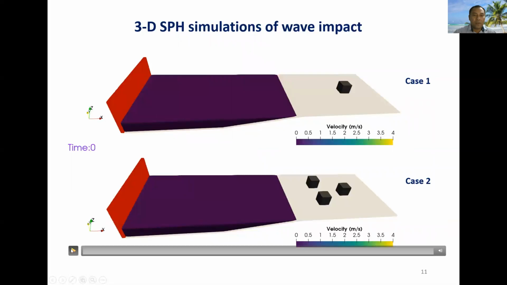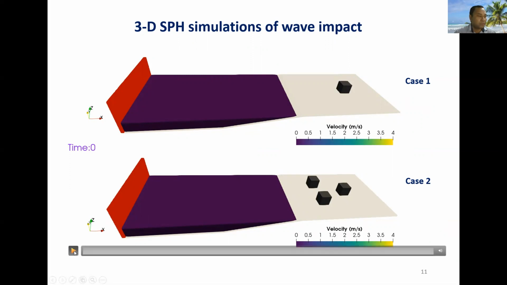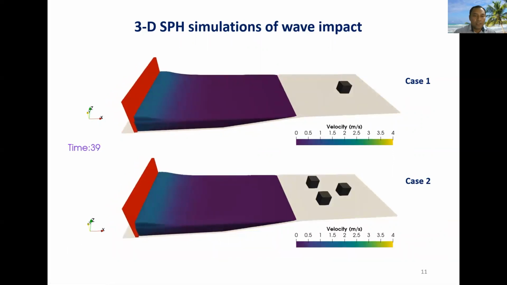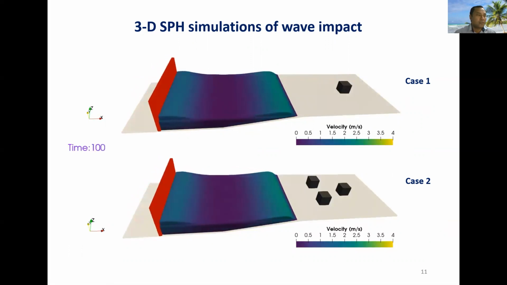The solitary wave propagation and the following impact on onshore structures can be seen through this animation. So here we can see the first wave and then followed by the second solitary wave.